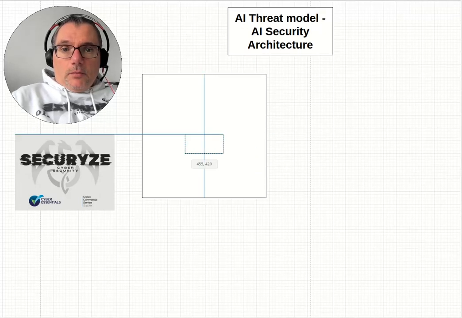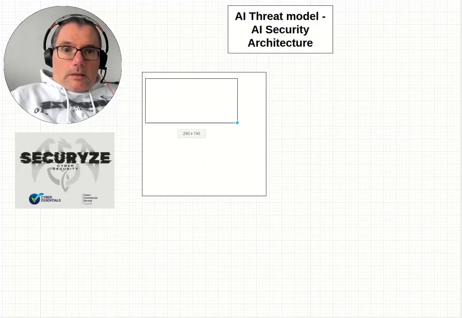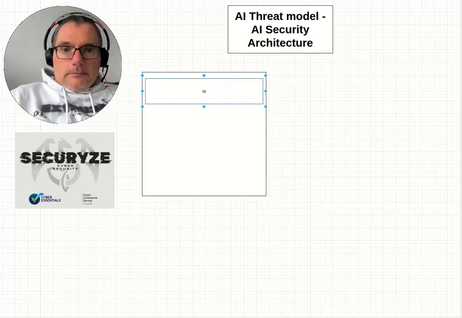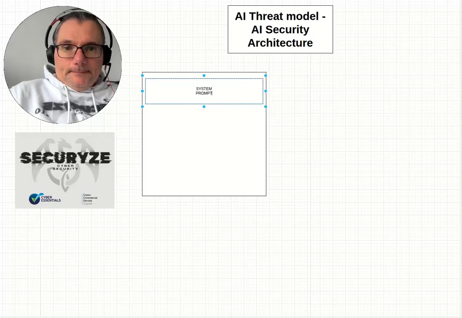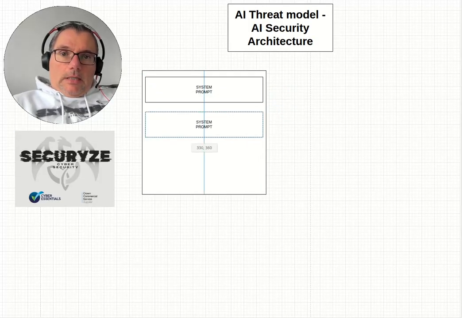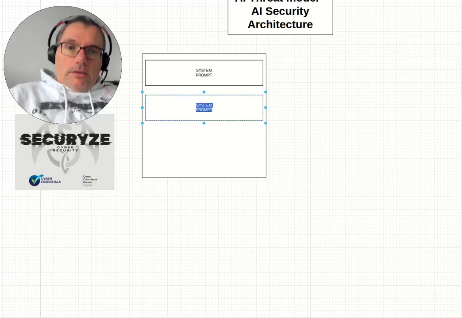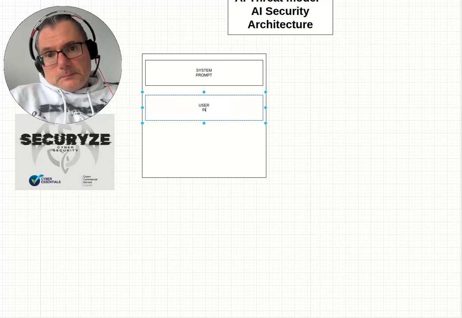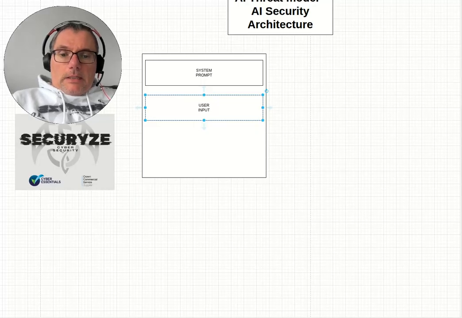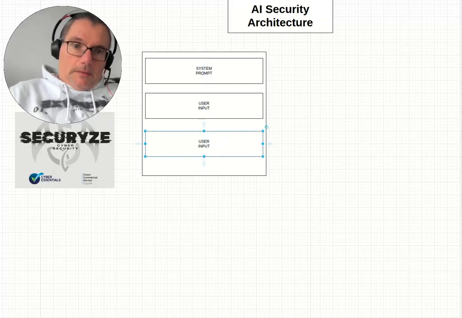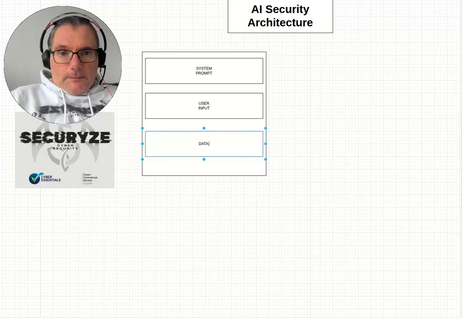One is inside the other, because you do have a system prompt space, you have a user prompt, user input space, and you have an external data or data retrieval space. Let's call it data retrieval space.